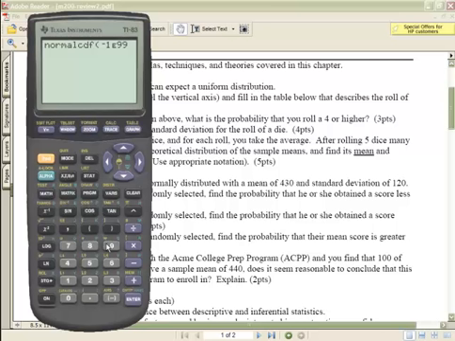By the way, this is 1 with 99 zeros. Comma, the high is 360, comma, 430 for the mean and 120 for the standard deviation. Let's press enter. That's 0.2798.